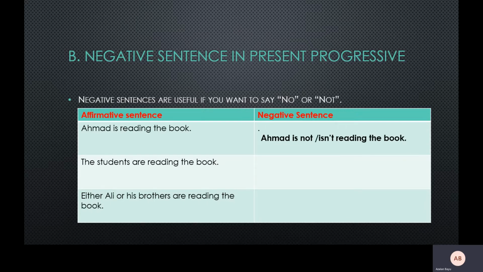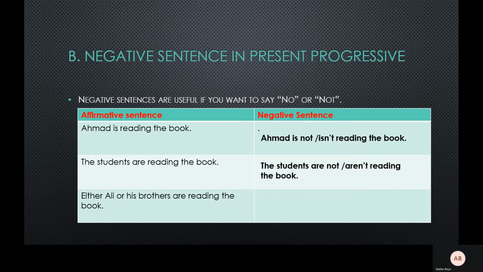For example, Ahmad is reading the book. If you want to say Ahmad tidak membaca buku, you say Ahmad is not reading the book, or Ahmad isn't reading the book. The second sentence, the students are reading the book, you can change it to the students are not, or the students aren't reading the book.